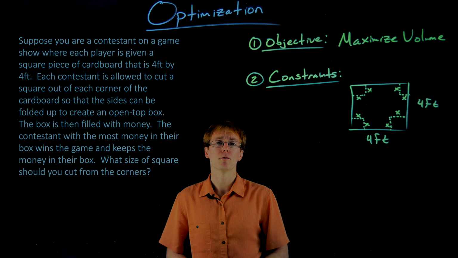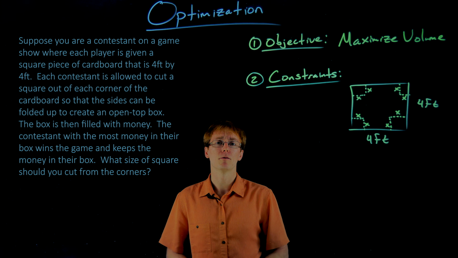So once we've identified the objective, the thing we're trying to maximize or minimize, and we look at the constraints, we're ready to start putting that information together to construct some equations that we can work with to find the maximum and minimum values of our, in this case, volume function. And so my third step in this process, after finding the objective and the constraints, is to write down some equations using the information from our objective step and our constraint step.